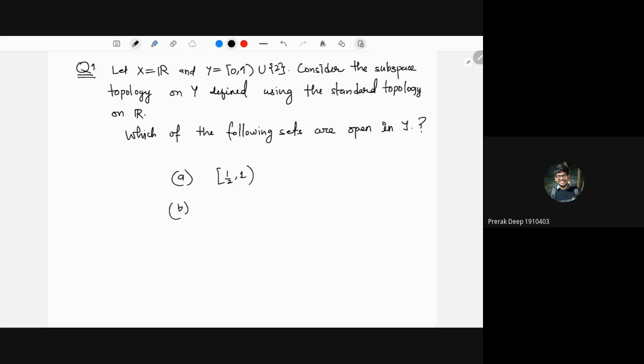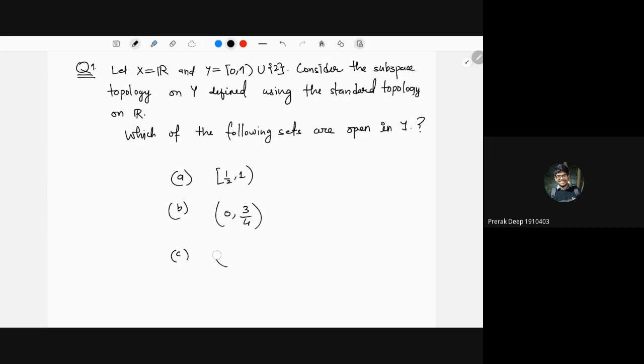Option B, zero comma three by four, open. Option C, closed zero, open half. Option D, singleton two. Okay, so I will give you a few minutes to think about this question, and then we will discuss the solution.